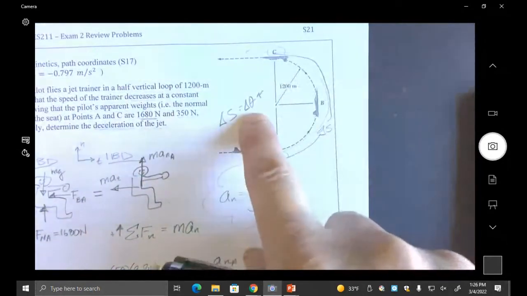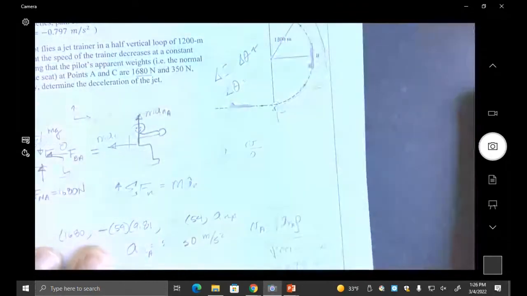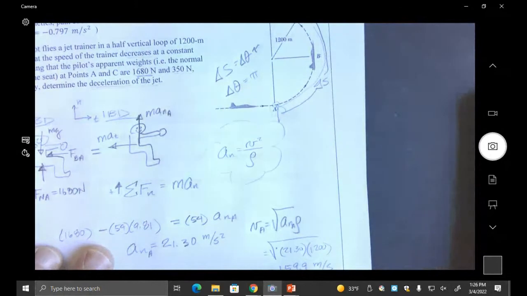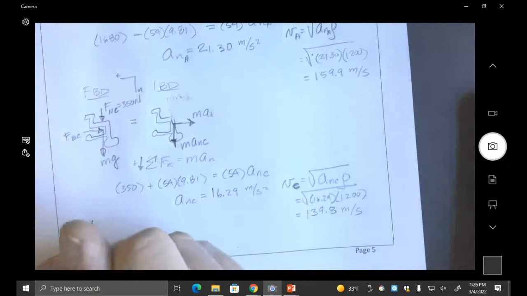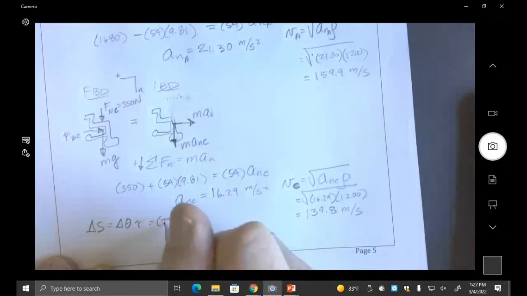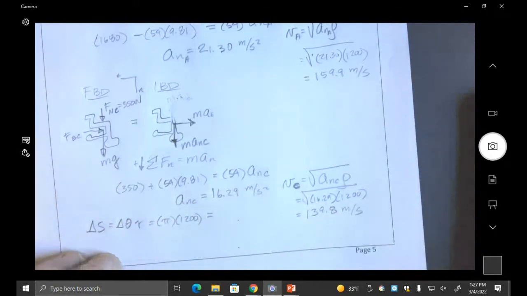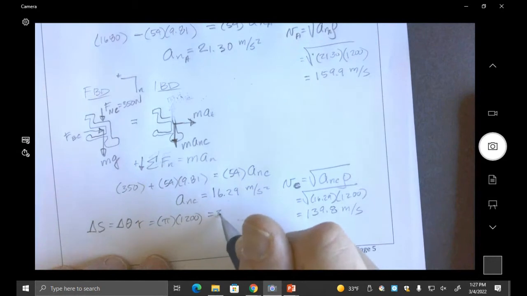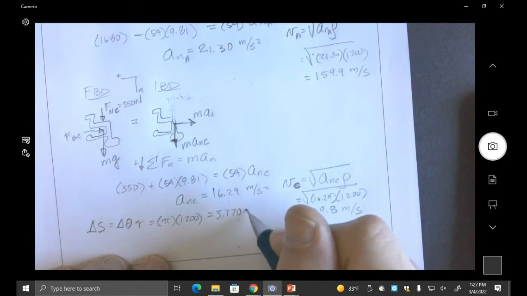In this case, that change in theta is going to be equal to pi. 180 degrees equals pi. So delta S is delta theta times R, or pi times 1200, and we're left with a large number, 3,770 meters.